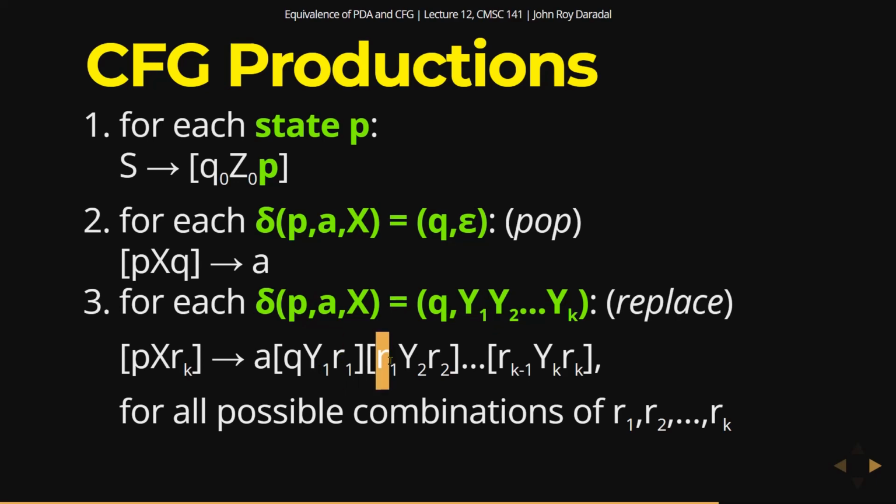From R1, remove Y2, end up in some state R2, and so on until you remove the last replacement symbol and end up in some state RK, which is your last state anyway. Okay, and since these are variable states, you will have to test for all possible combinations of the variable states.